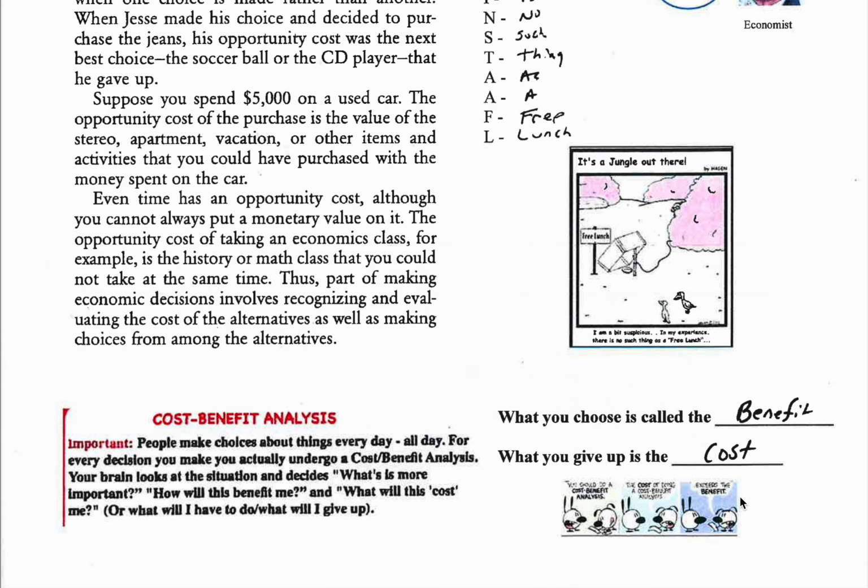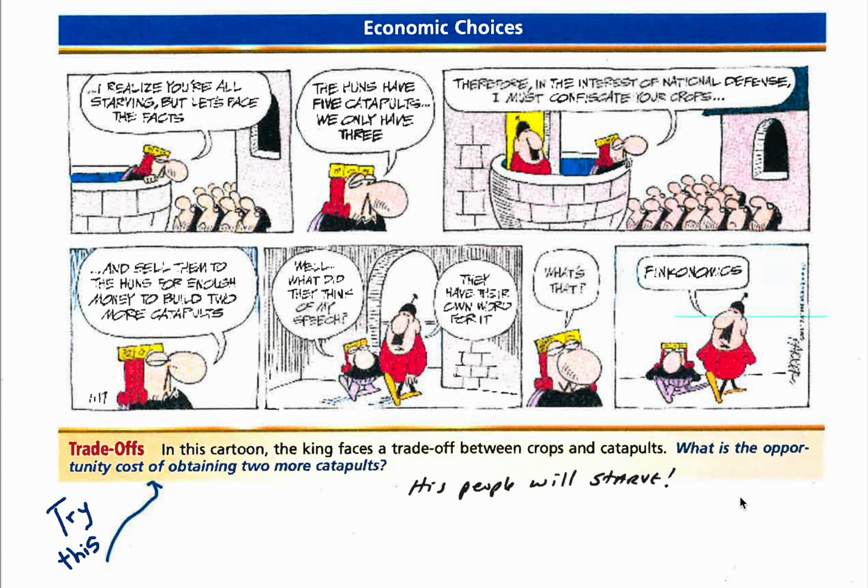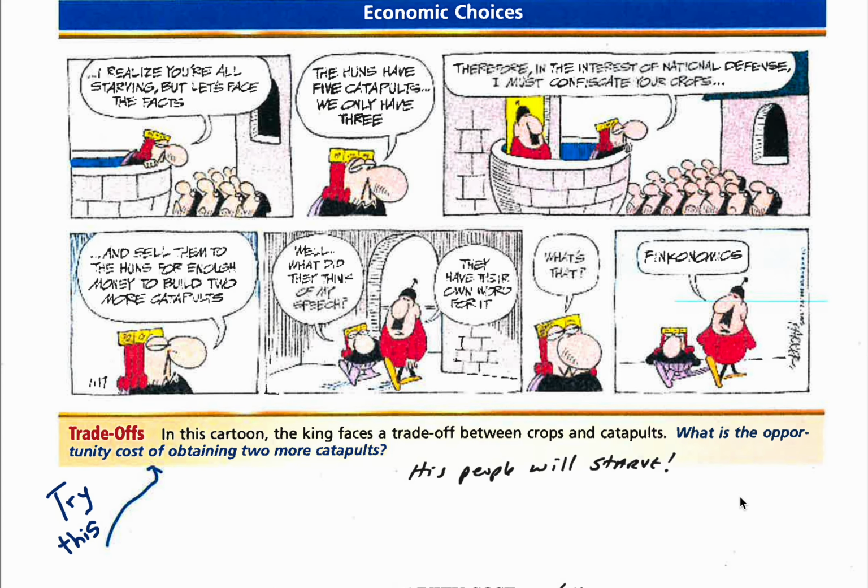And so to practice this, we then looked at this cartoon on the next page, and you and partners were supposed to take a look at this, and there's 2 opportunity costs here. I have just one written down, but if you go through the cartoon, it's clear. Number 1, understand what he's choosing.